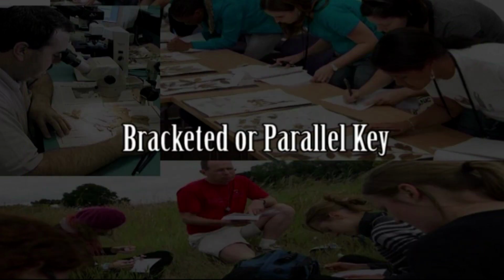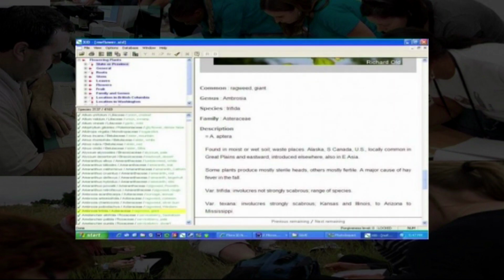Now, we discuss the second design called bracketed or parallel key. In this type of key, the two leads of a couplet are always together and the distance from the margin is always the same. Such arrangement of couplet is useful for longer keys where keys run to several pages.